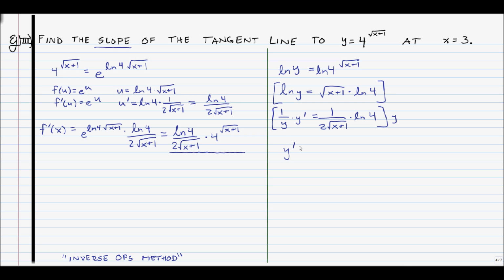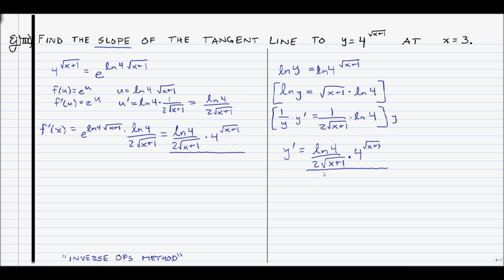So we're going to get that y prime is equal to the natural log of 4 divided by 2 square root of x plus 1, all times y. But what is y? Y is equal to 4 to the square root of x plus 1 power. So here we go. We got the exact same derivative that we had on the left side.